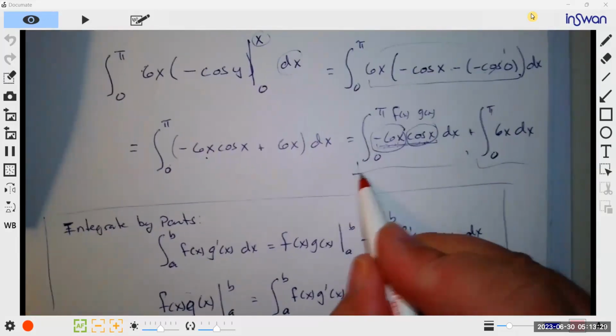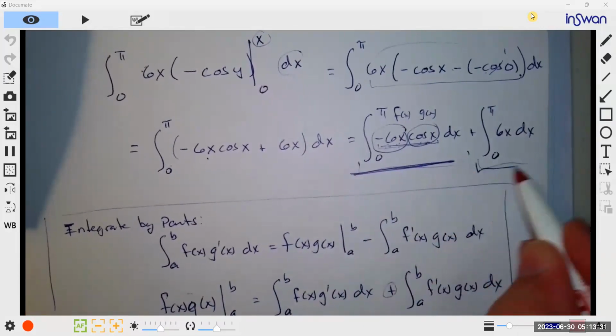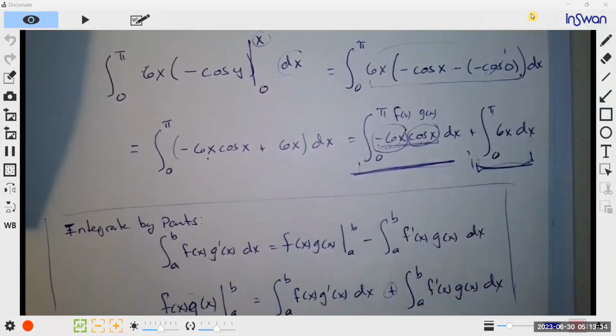Okay, that's just this part. We now have to do this part.